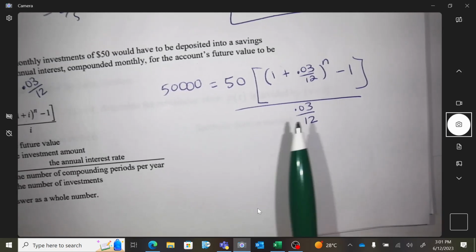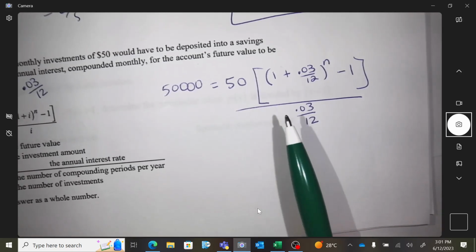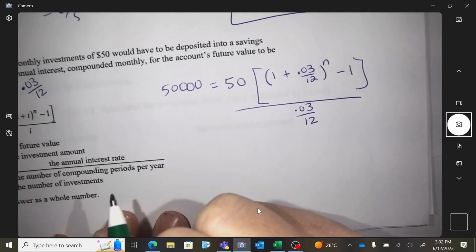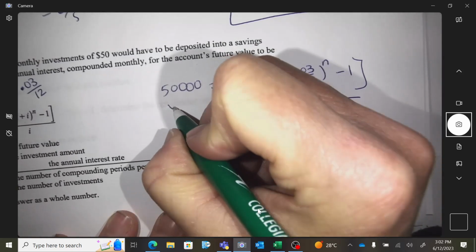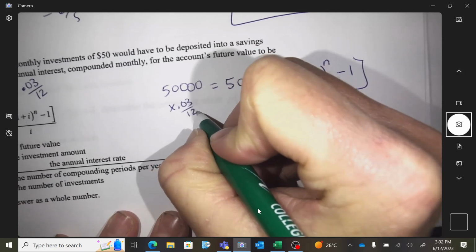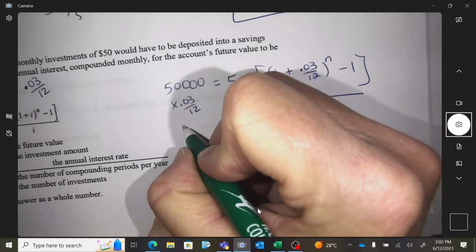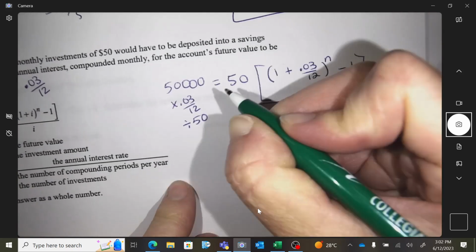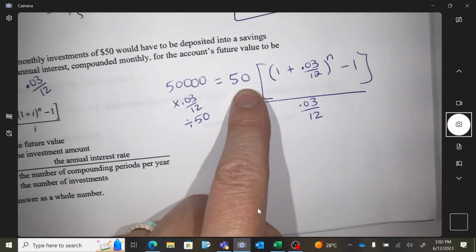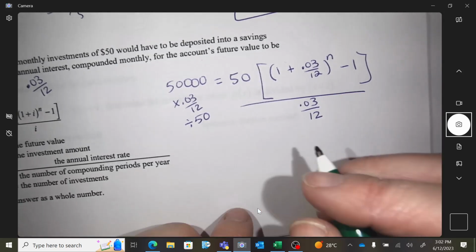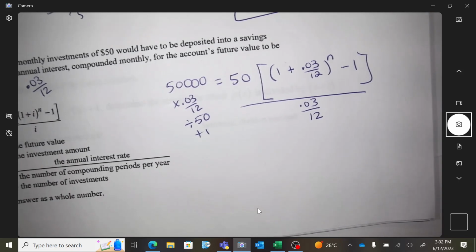What do you want to do first to get rid of stuff? I could times by that, get rid of the divider. Then I could divide by 50 to get rid of the times by 50. Then plus 1. If you plussed 1 before those, then it would come out wrong, right?